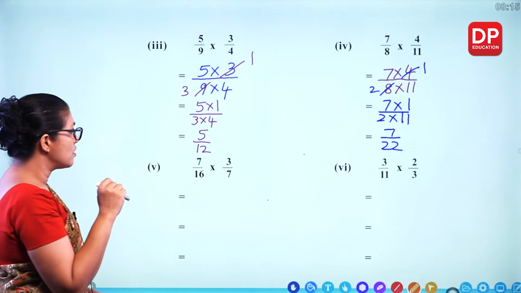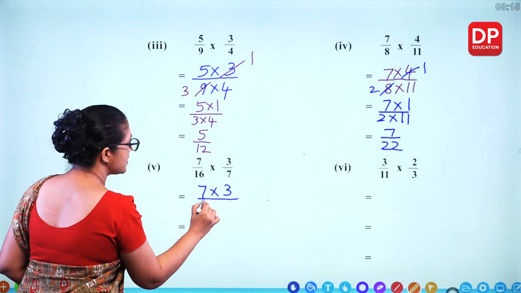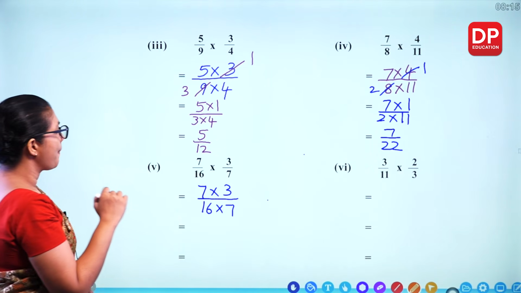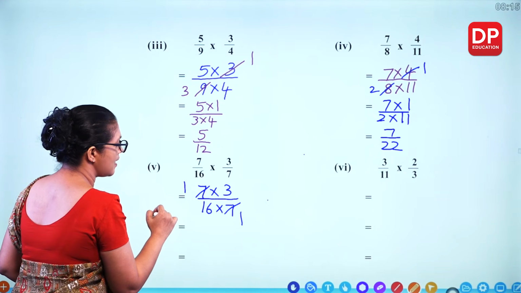This one again, 2 fractions multiplication. You multiply the numerator separately and the denominator separately. So what you get here? 7 get cancelled out.